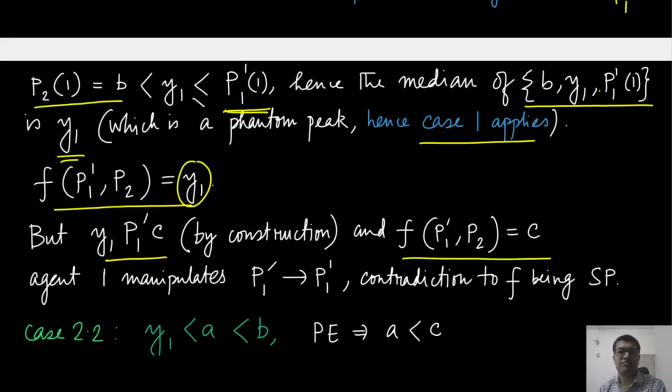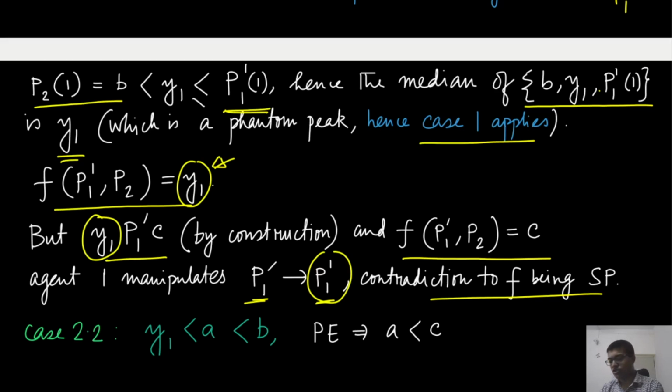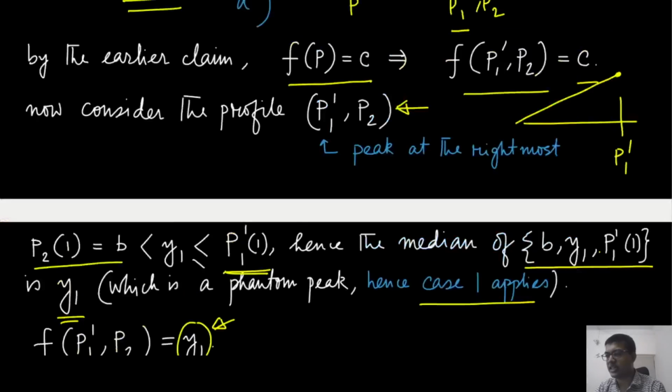So if player 1 manipulates from p1 prime to p11, that is the rightmost peak, where it gets y1, then this player is going to be better off. And that is a contradiction to the fact that f is strategy proof. So what we have assumed cannot be true.